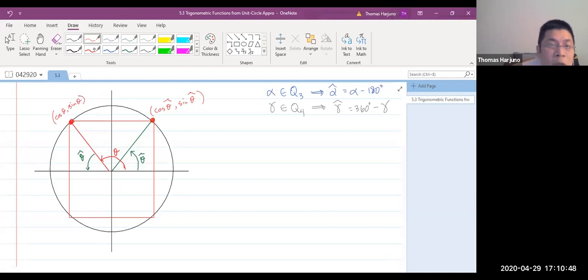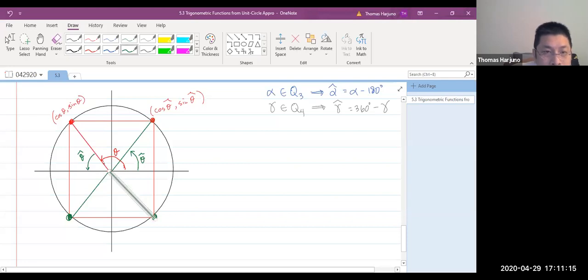Now notice that all these coordinates here, the coordinates we have here, the coordinate we have here, all correspond to an angle whose reference angle is theta hat.